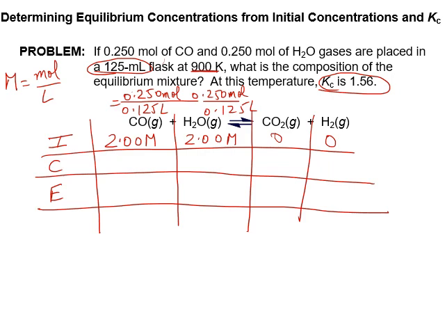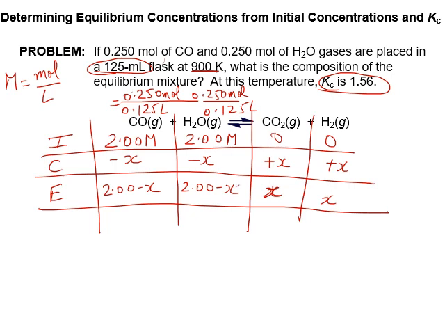The stoichiometric coefficient change would, in this case, be minus x. Again, a reactant: minus x, plus x, plus x. All the coefficients are 1, so my coefficient in front of x is also 1. What do I have at equilibrium? 2.00 minus x, 2.00 minus x, plus x, meaning 0 plus x is x, and x. This is what I have at equilibrium.